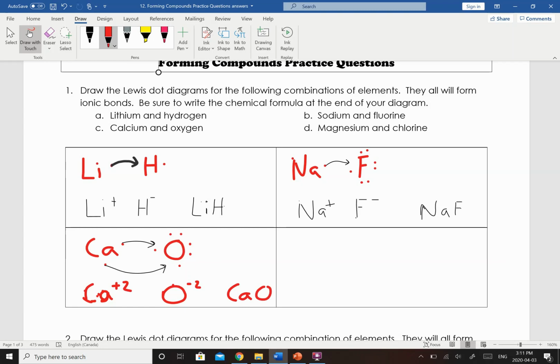Last one is kind of the trickier one because we're going to need multiple chlorines to help the magnesium. So we have magnesium with its 2 valence electrons, and we have chlorine with 1, 2, 3, 4, 5, 6, 7. So one of those electrons is stolen by one chlorine. Then we add another chlorine to steal the other one.